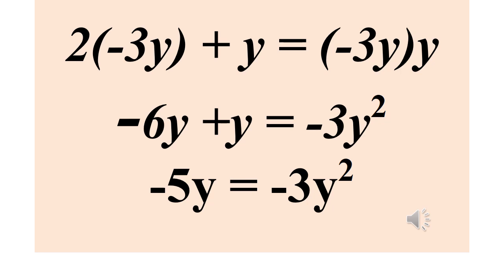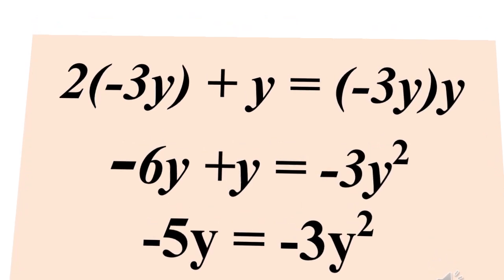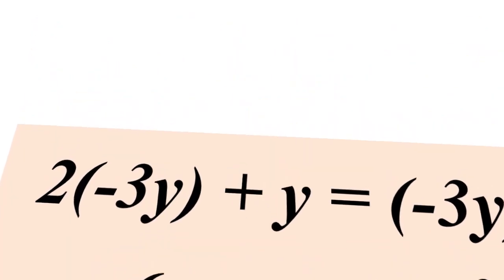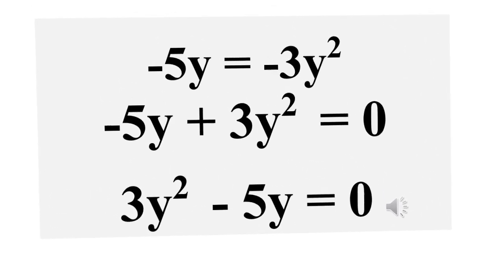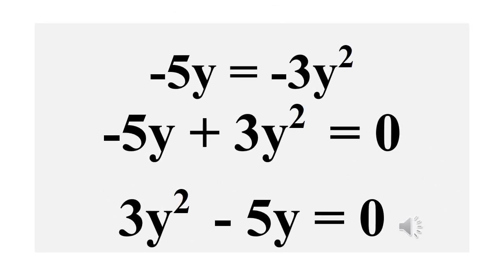So minus 6y plus y will give us minus 5y equals minus 3y squared. If we take minus 3y squared to the other side, we have minus 5y plus 3y squared equals 0. Then if we rearrange to make the positive come first, we have 3y squared minus 5y equals 0.